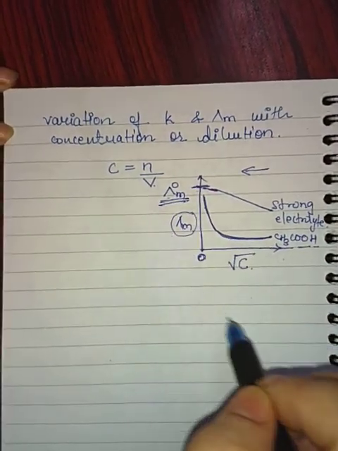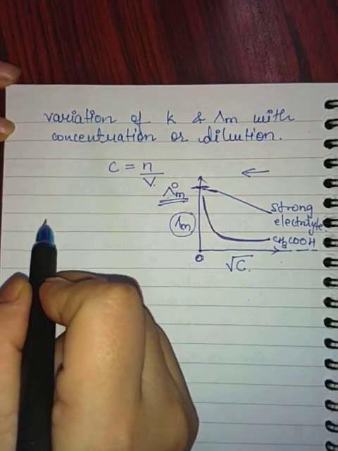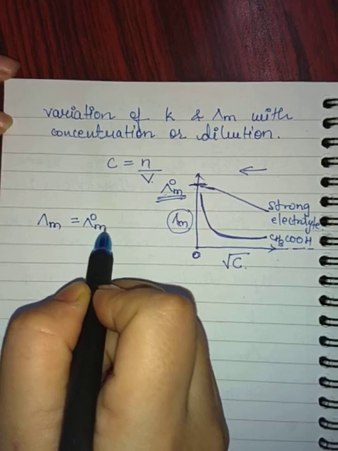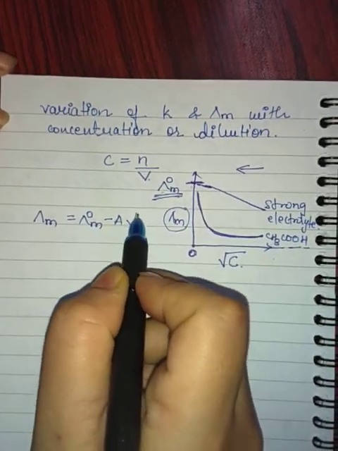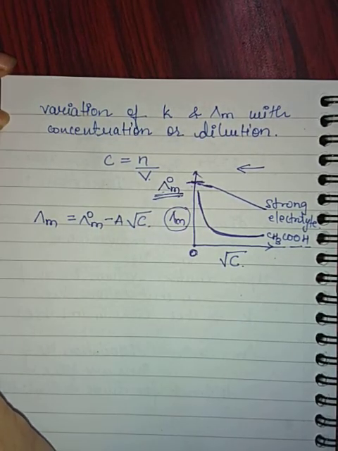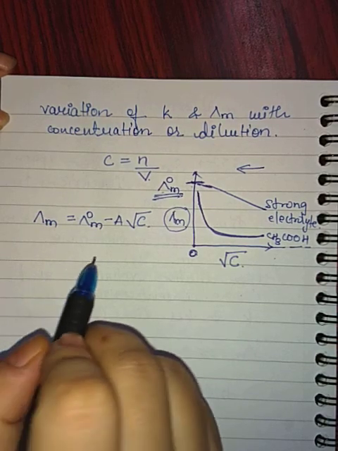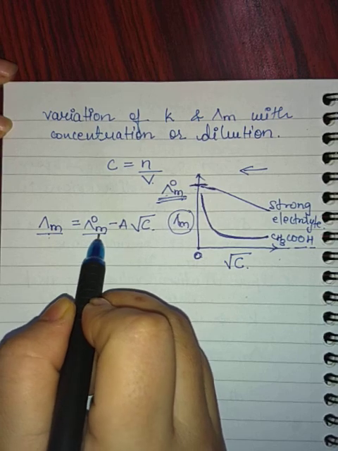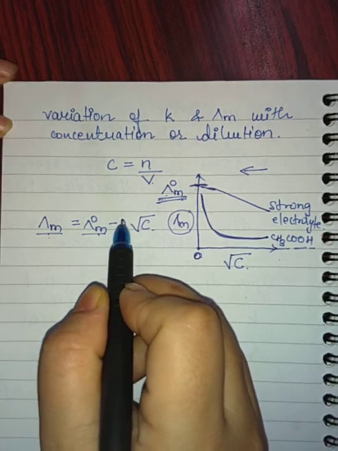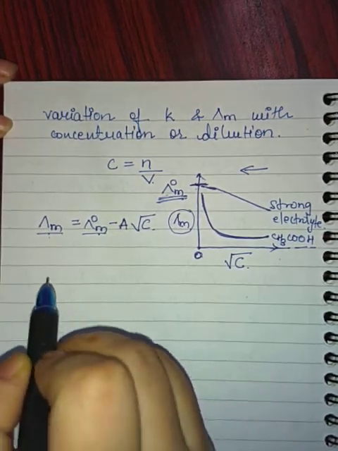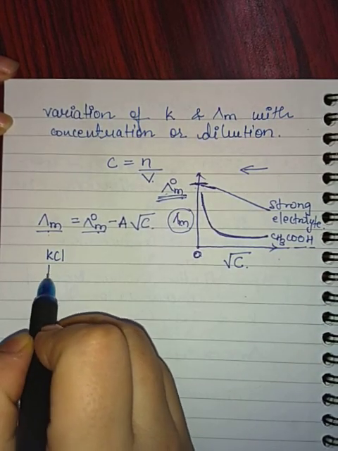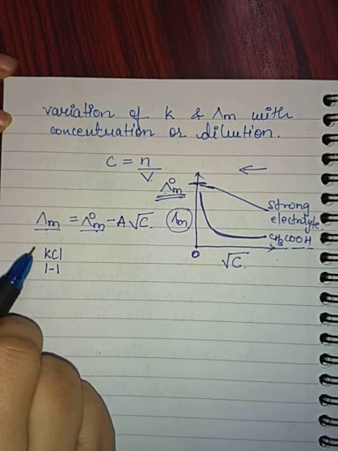This relationship actually is derived from the following equation: lambda m is equal to lambda naught m minus A square root c. Okay, where lambda m is molar conductivity, lambda naught m is limiting molar conductivity. A is a constant which depends upon the type of electrolyte. For example, if you take KCl, this is 1,1 type of electrolyte. Why?